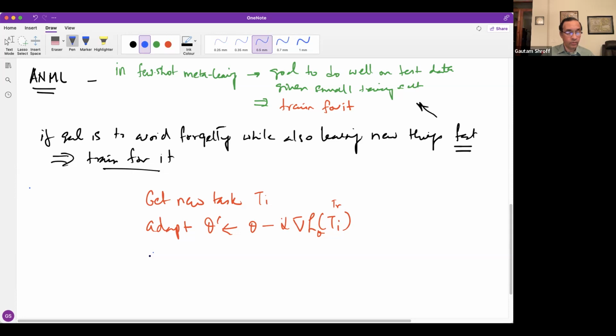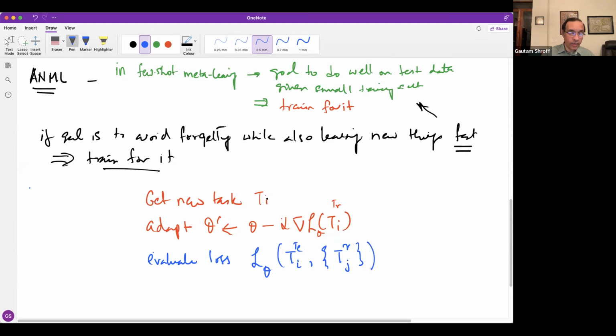And then you evaluate the loss. But what is the loss you're going to evaluate? The loss using theta prime, obviously on the test data for this task, but also on some remembered set of past data.